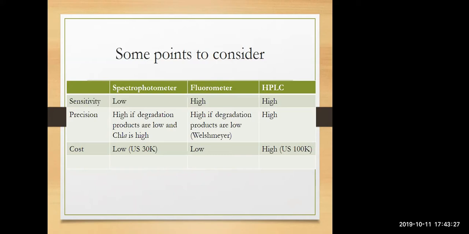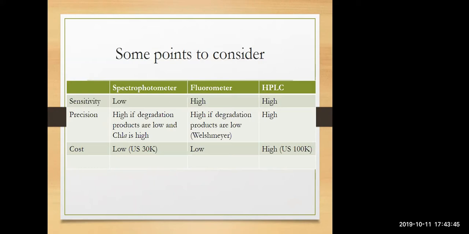And then comes HPLC. It has high sensitivity and high precision. However, the cost of this equipment is also high. The cost of the standards that have to be used to calibrate the instrument is also high.